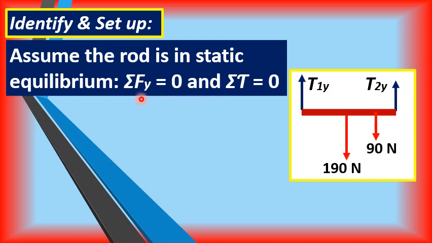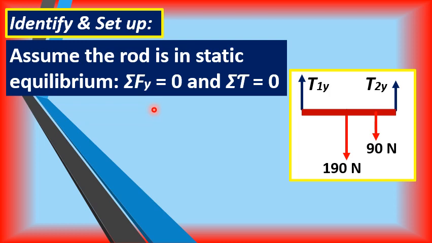These two conditions, together with the third condition, which states that the summation of the torques produced by all the forces acting on the rod must also be equal to 0, when all satisfied, mean the rod is in complete static equilibrium, which simply means that the rod is not going to have any translational or rotational motion.